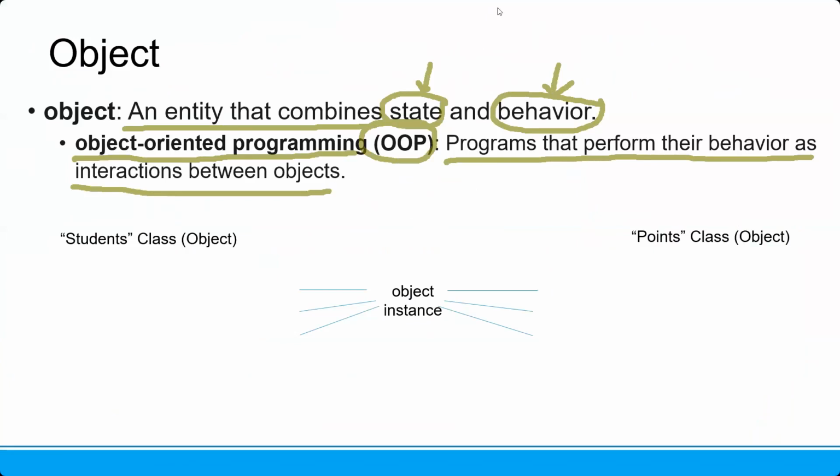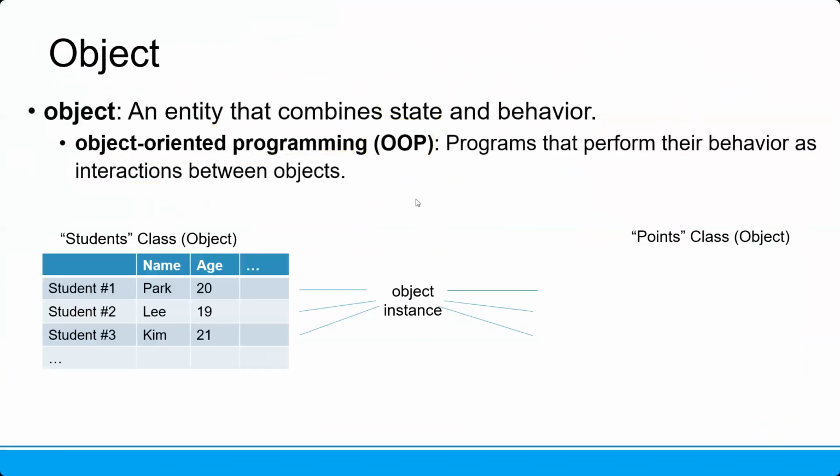So there will be objects and we want to do something. For example, I want to calculate the point 1 and the point 2. Then there is an interaction between one object and another object, and so on.